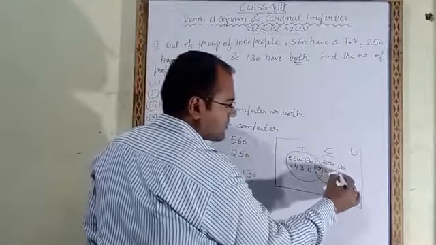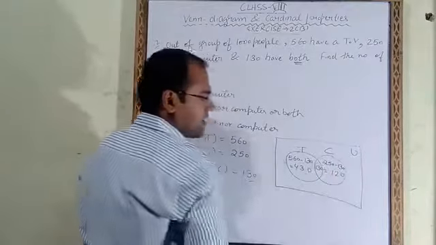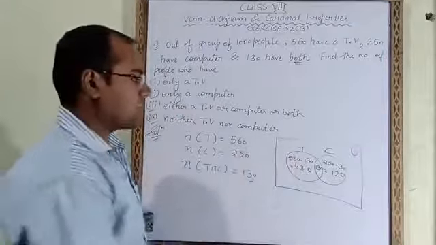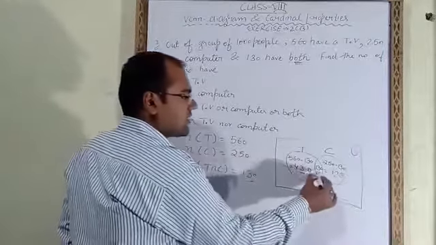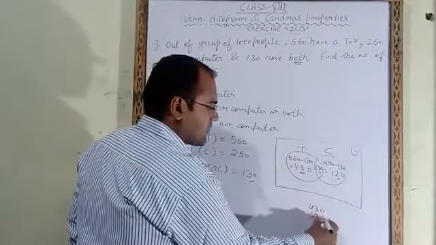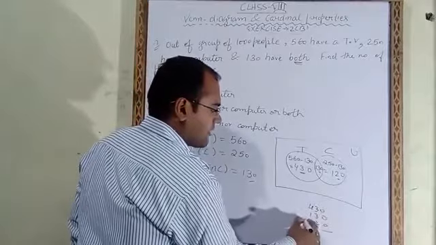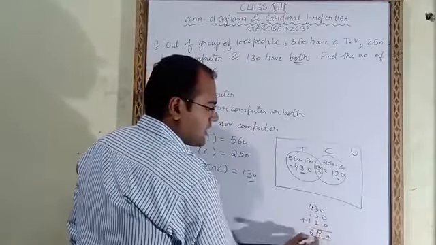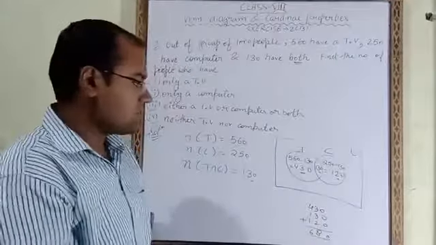The answer will be 120. So the Venn diagram is over. Now we will add these three values: 430, 130 and 120. The answer is coming 680.